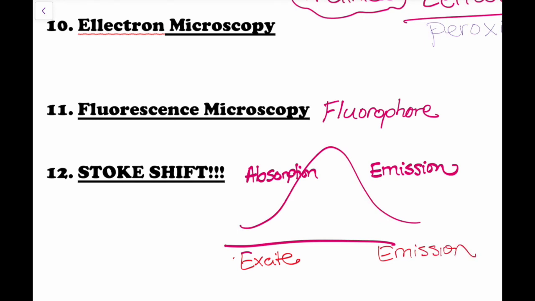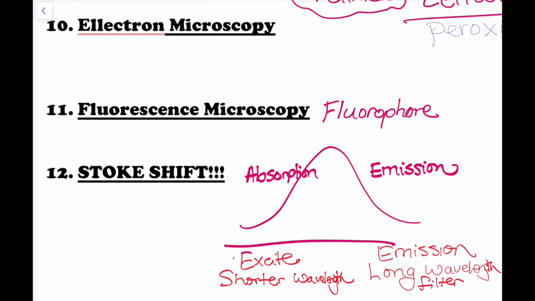So emission is a longer wavelength filter, whereas absorption, exciting, is a shorter wavelength. I'm still trying to figure out how to remember this, but it's not a big deal. Just know absorption, excitation, shorter; emission, emit long, wavelength filter.